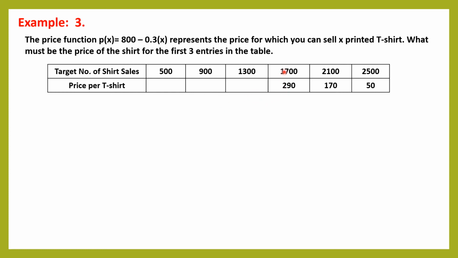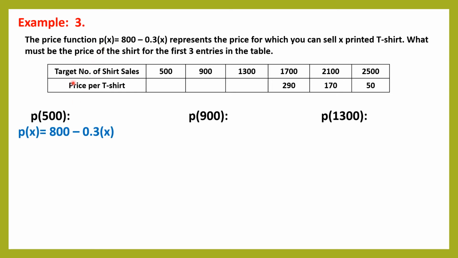Then, yung pang-apat na entries, we have here 290, then 170, and then 50. So, ito ang hahanapin natin ngayon. So, we will have here P of 500, that is the missing, P of 900, and P of 1,300. Ang ating function ay P of x is equal to 800 minus 0.3x.